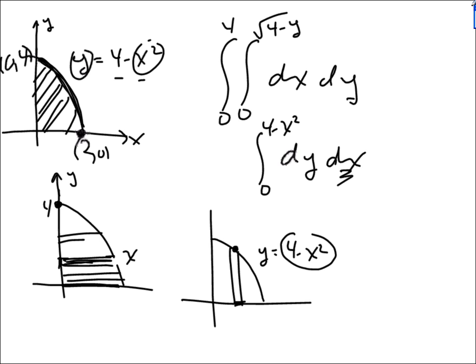And x, well, in this area, the least x can be is 0, and the most it can be is right there, which is 2. And those two integrals are actually equal to one another. But in this case, it was easier to do the second one. Sometimes one is easier than the other. But nonetheless, you need to know how to do both.